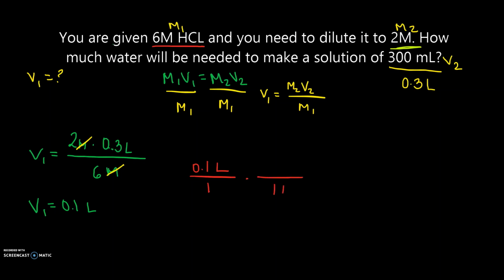You don't have to convert it into liters, as you'll be staying constant and you will be measuring in milliliters. But since I converted into liters, now we will be converting it back to milliliters. So 0.1 liters over 1, and 1 liter equals 1,000 milliliters, giving us an answer of 100 milliliters. So to dilute the solution, you will be using 100 milliliters of the 6 molar HCl, adding water to get 300 milliliters of 2 molar HCl.